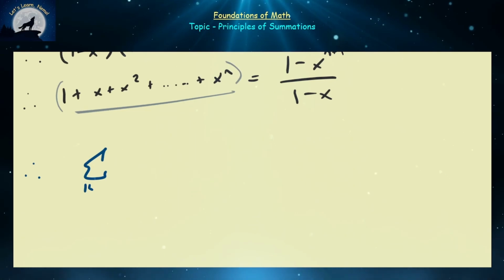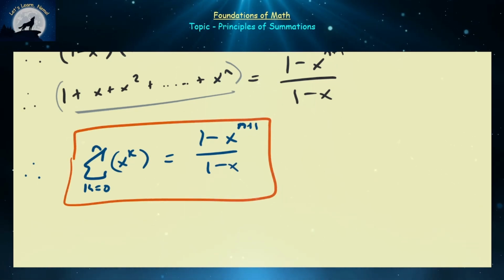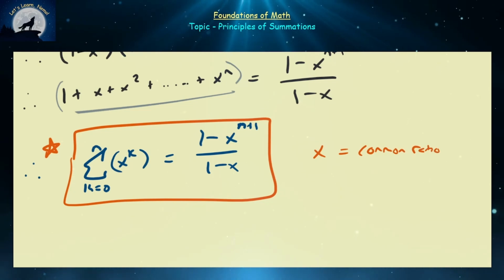That's just going to be the sum from k equals 0 to n of x to the power of k, and that's equal to 1 minus x to the n plus 1 all over 1 minus x. So that's obviously a very beautiful statement, and here x is the common ratio of this particular geometric series.